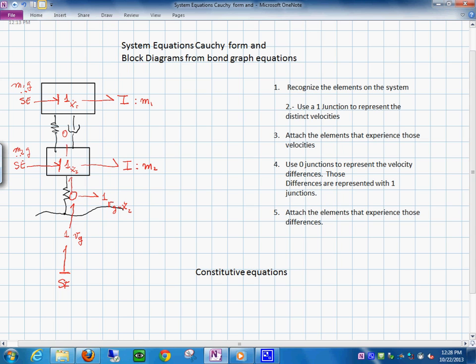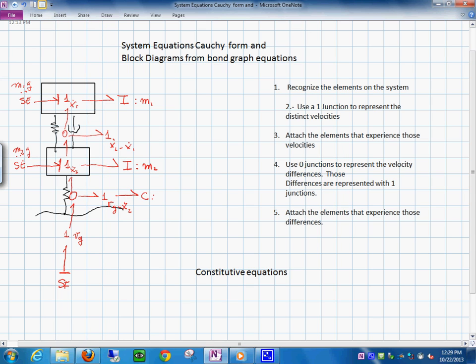And step number 5, it says attach the elements that experience those velocity differences. In this case, the C element in here, with value, I would say 1 over k sub 2, I'm calling this 2. And in here you have the C element and an R element that experience this difference. See, because these two elements are seeing the difference between the two masses.